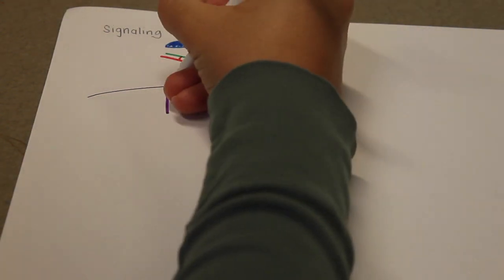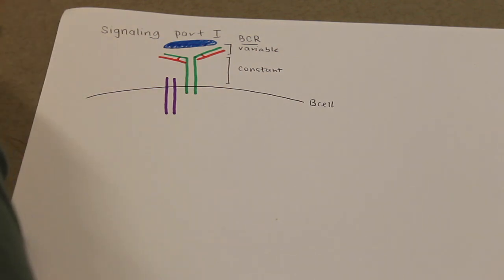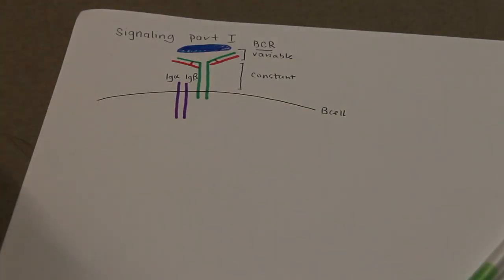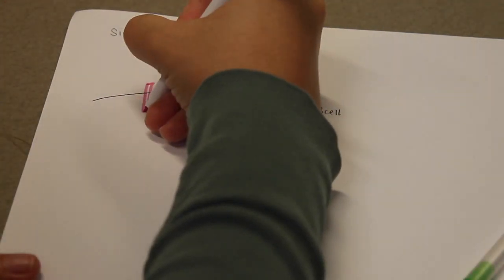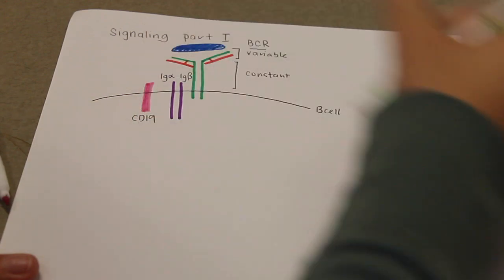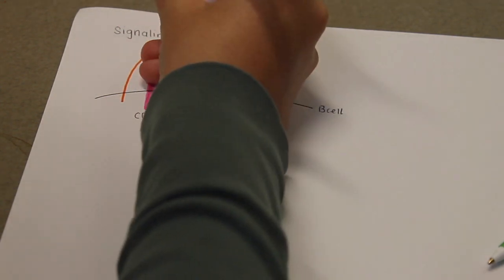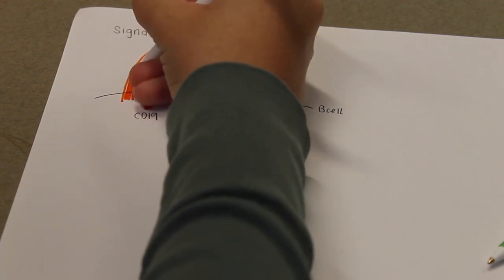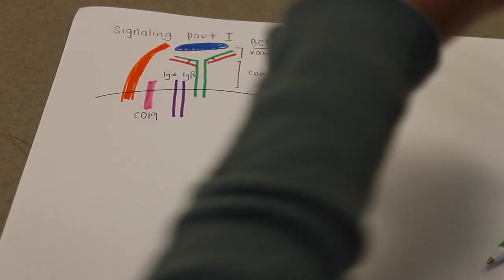So we have Ig alpha and Ig beta, and we have CD19, and we have CD21.